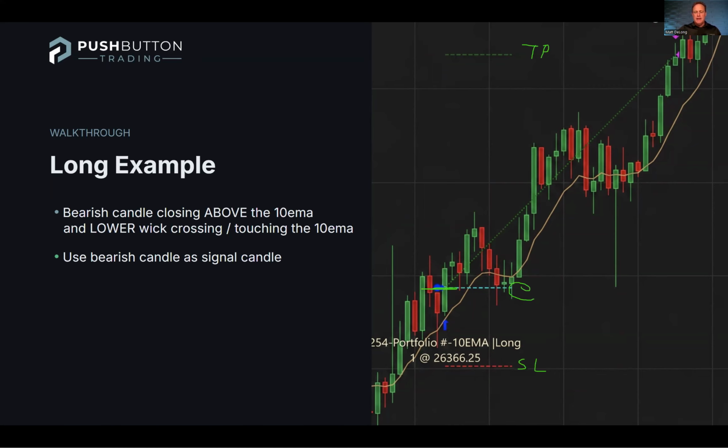Now, what you guys might notice is the very next candle right here triggers us into the trade, right? So the price action closes right there. And then once price action pushes higher, we get in right there, right?